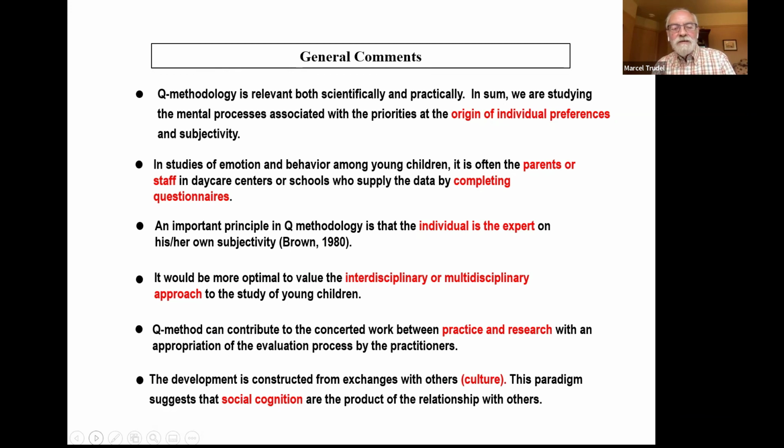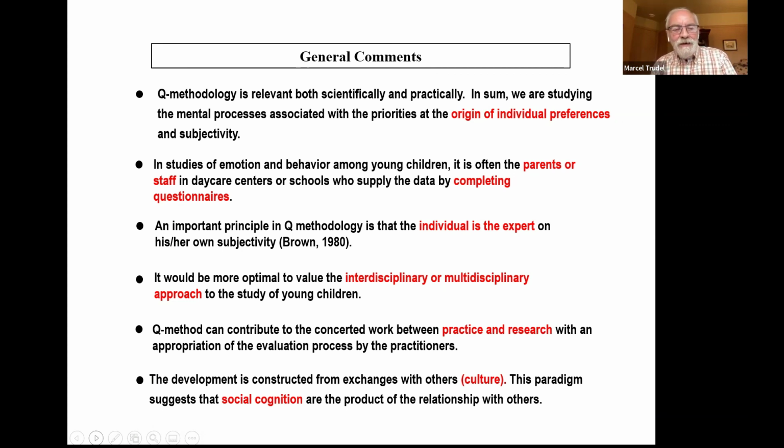It would be more optimal to value the interdisciplinary and multidisciplinary approach. I don't know if colleagues of the Q method work in this perspective. I was involved in different projects to help colleagues in the last 10 years in different domains that have nothing to do with children.